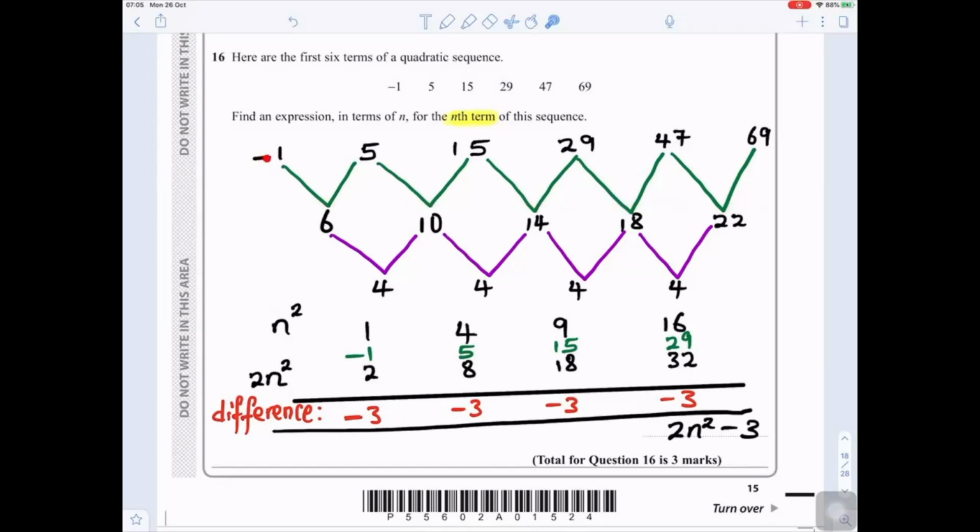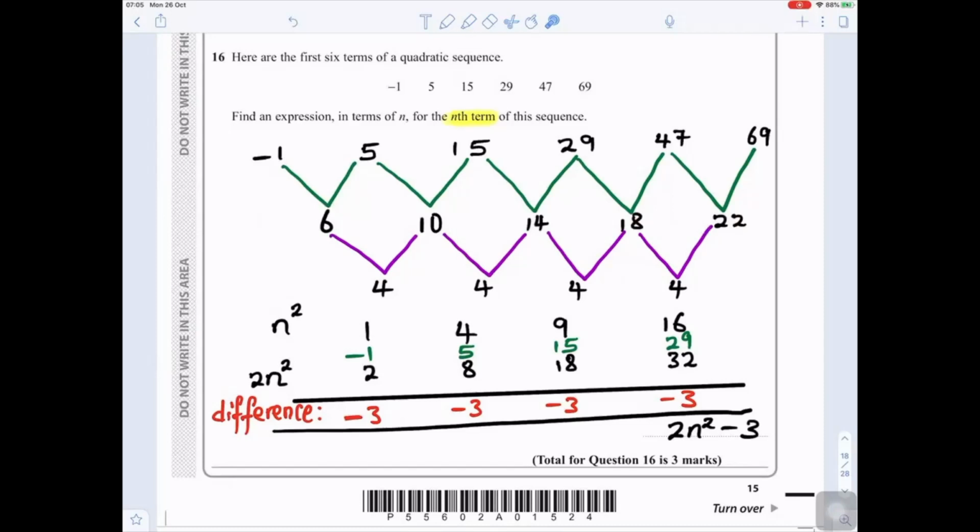The difference between minus 1 and 5 is 6, since 5 minus minus 1 is 5 plus 1, which is 6. 15 minus 5 is 10. 29 minus 15 is 14. 47 minus 29 is 18. 69 minus 47 is 22. So that gives us the first difference.